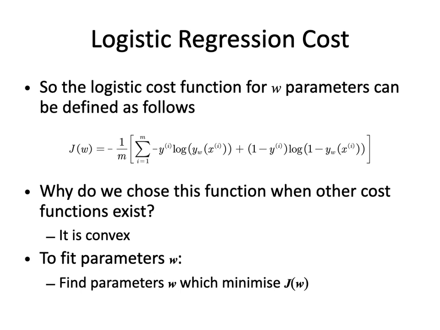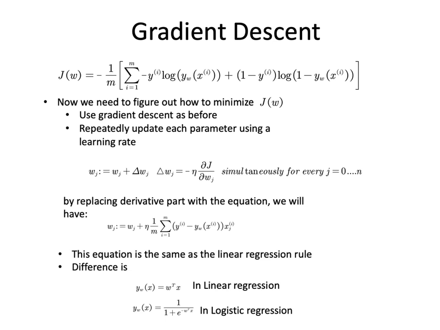After having this loss function, we have to fit the parameters w. So we have to find the parameters w which minimize our loss function, that is J of w. And now we need to figure out how to minimize the loss function, or we need to find the best parameters.